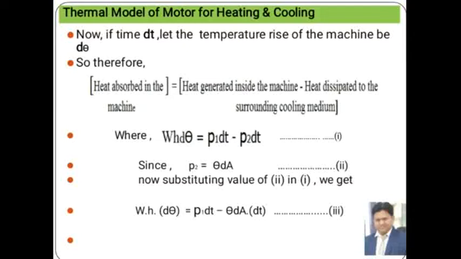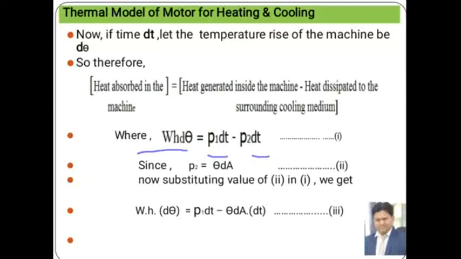We can write this as W h d theta equals P1 dt minus P2 dt.